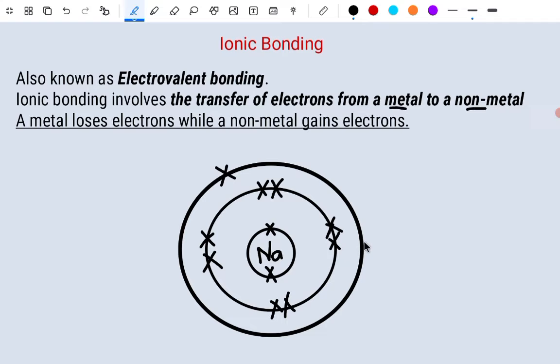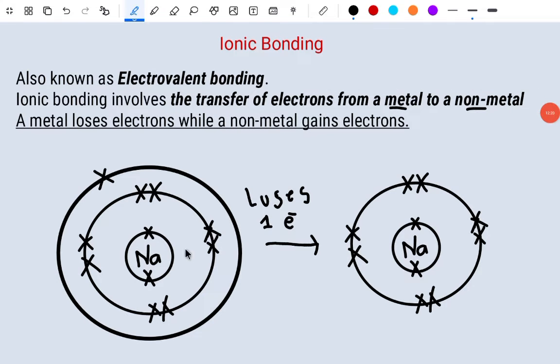Okay, so this can easily lose its electron there. Let's see how that can be done. Here we can see that this electron was lost together with the shell, and sodium will look like this. Now this is not sodium, sodium is this.